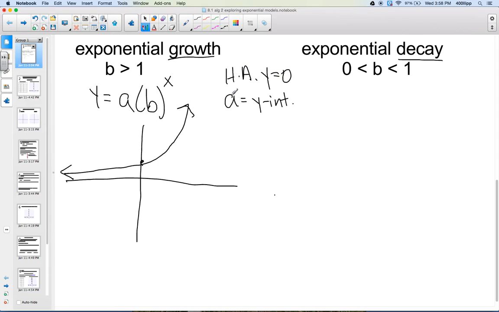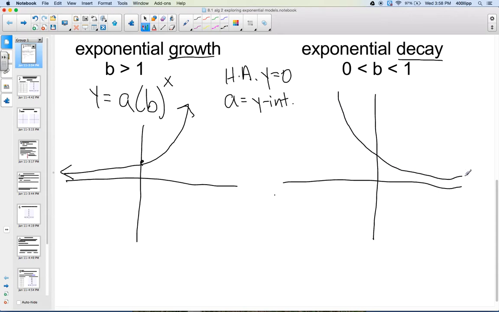We'll still have our y-intercept be a. But now we'll just be decreasing here, and it will still be approaching, sorry for the bad graphs here, it'll still be approaching our y equals 0 line asymptote.